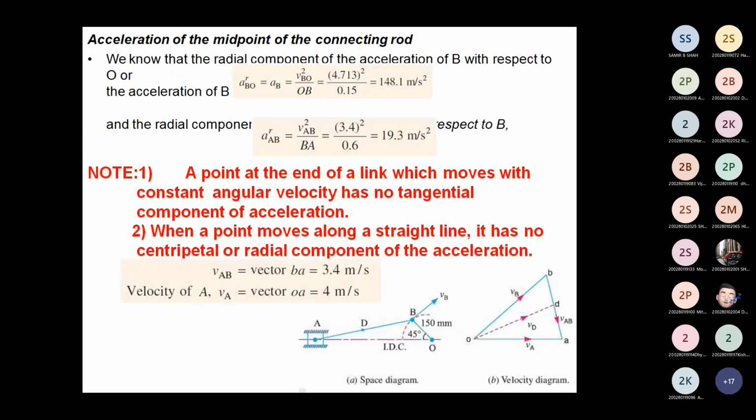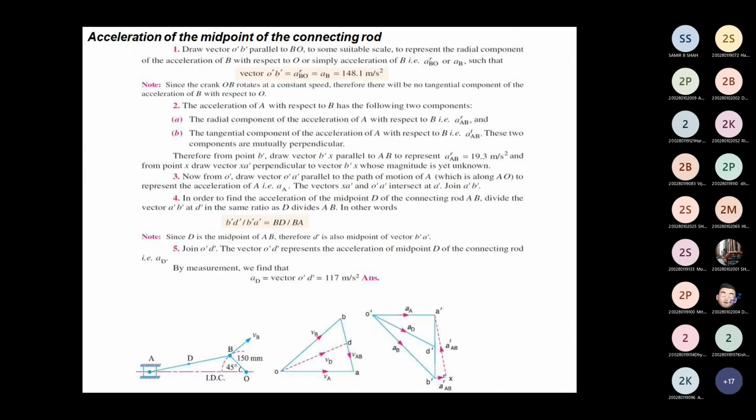So we have found the angular acceleration of that link also. Please draw it yourself and compare very accurately with your answer, then you may raise a query or answer or comment in the comment box.